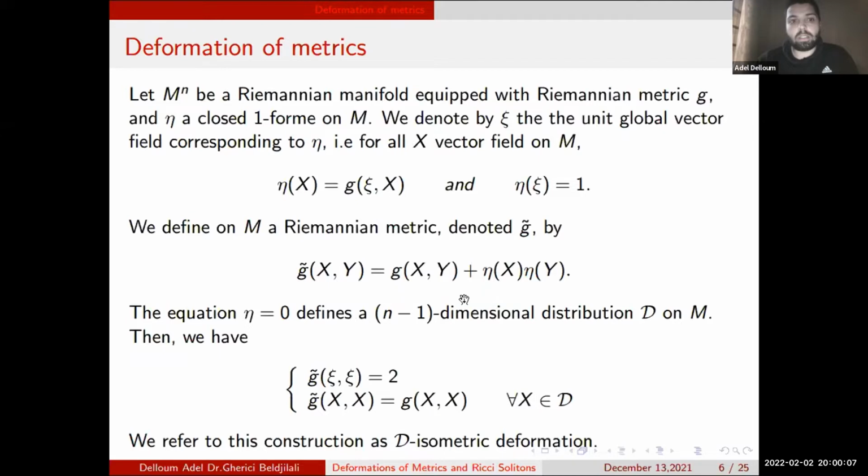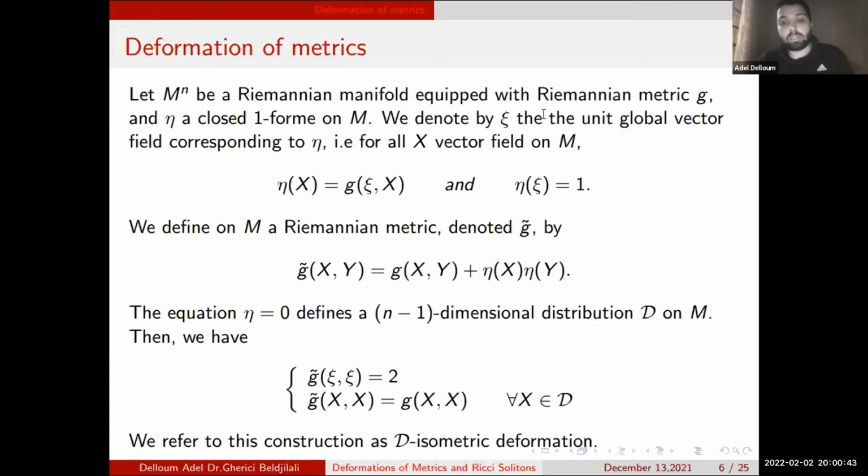The idea here revolves around the same idea that we use with contact manifolds, like the contact structure. We take a vector field, we call it a characteristic vector field, and we build our deformation around it. This is practically a special case of the generalized deformation, where the constant b is equal to 1 and the constant a is equal to square root 2.